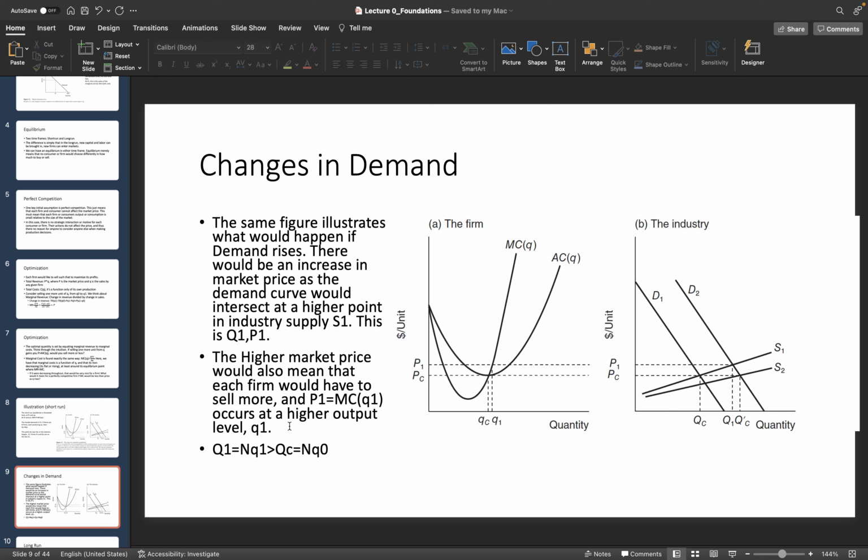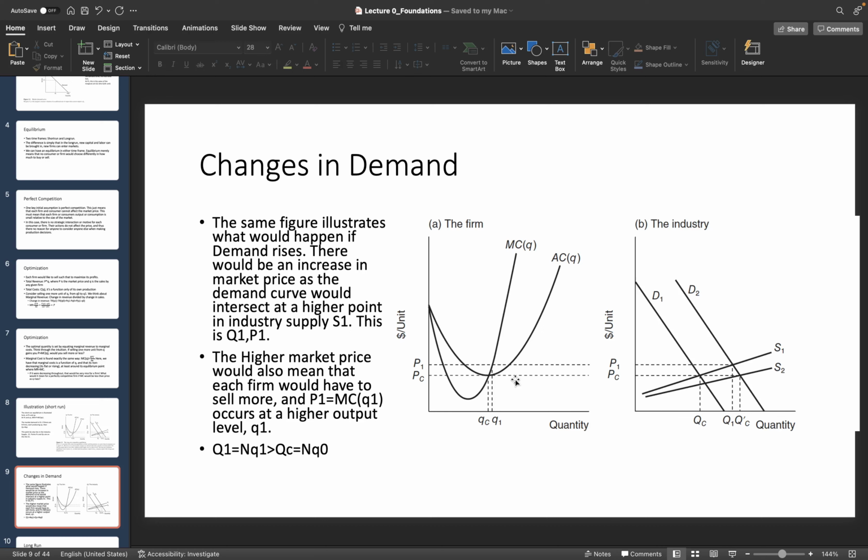Since each of the n firms sees P1, they now move up their marginal cost function, moving up the industry supply curve. Each one is now producing small q1, and the industry is now producing big Q1, which is just n times q1. Very, very easy.